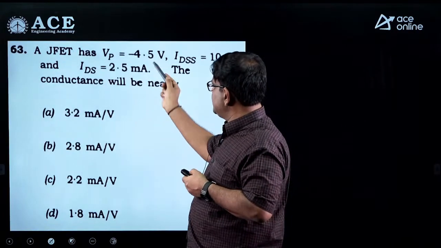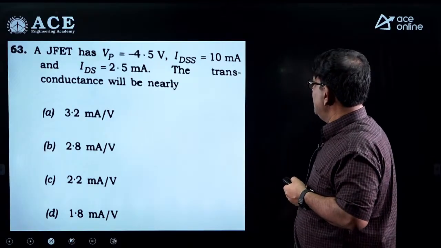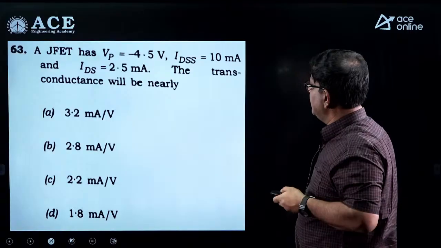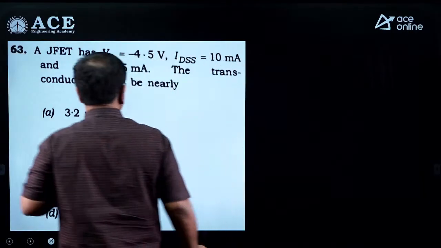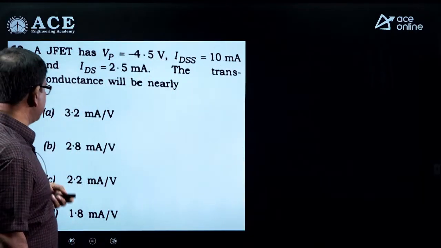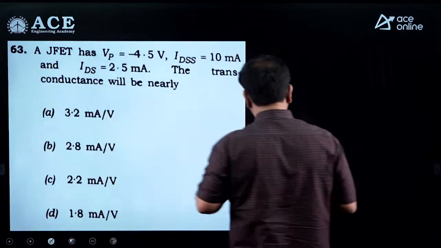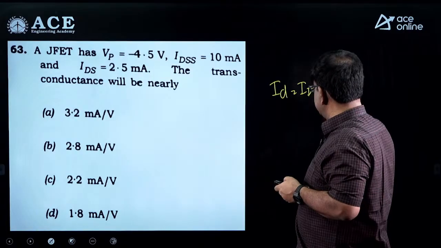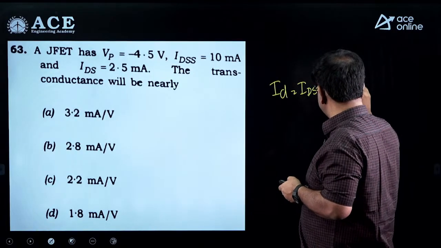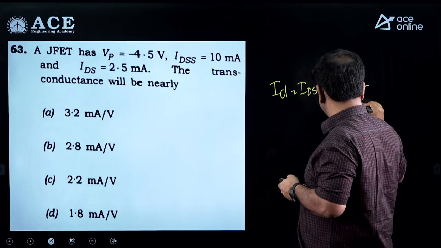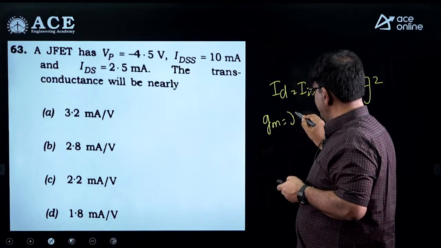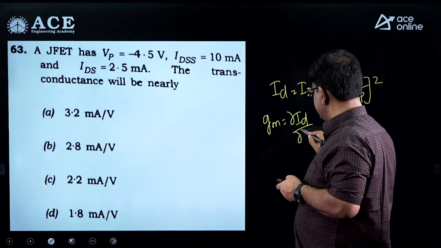A JFET has Vp equal to minus 4.5, IDSS is 10 milliampere and IDS is 2.5 milliampere. The transconductance gm. So what is gm? ID is IDSS into 1 minus VGS by Vp whole square, right? So for gm, calculate change in ID by change in VGS.